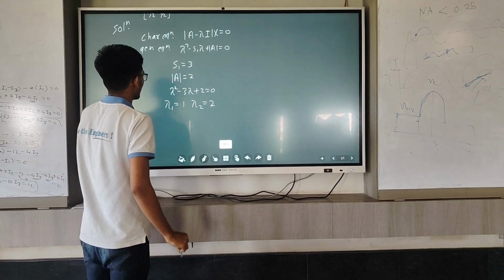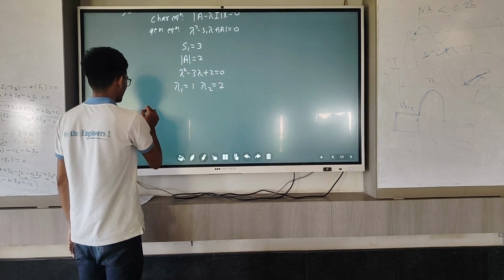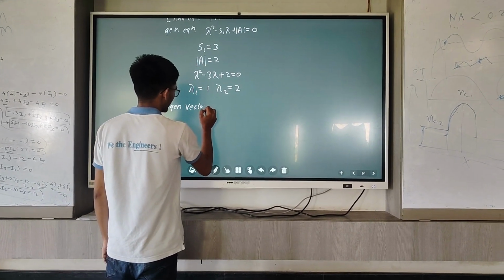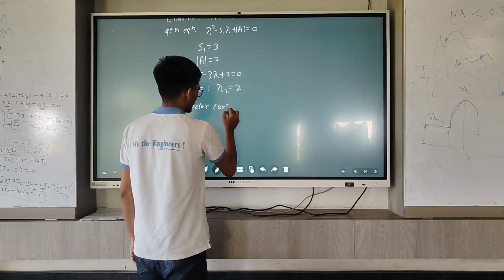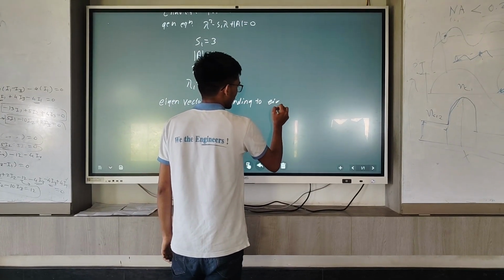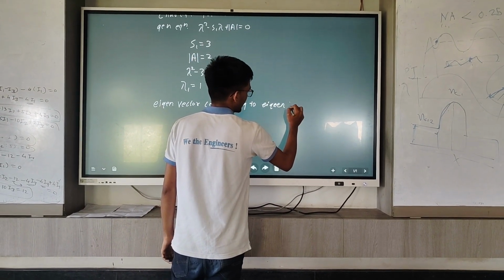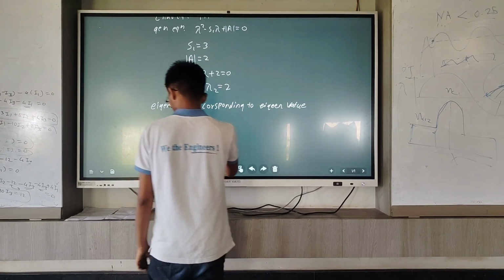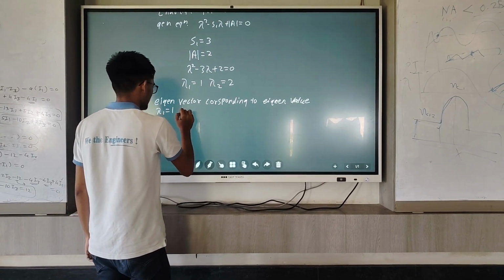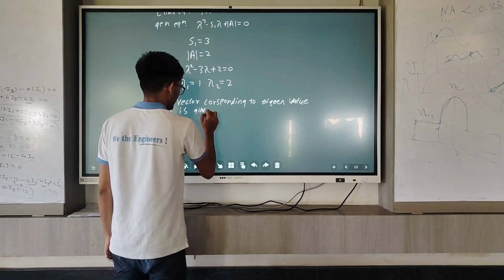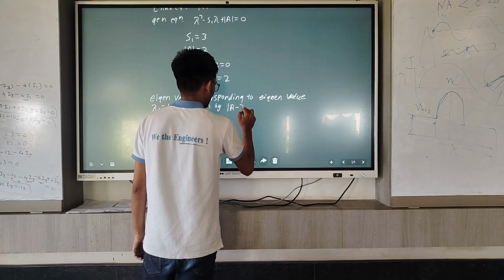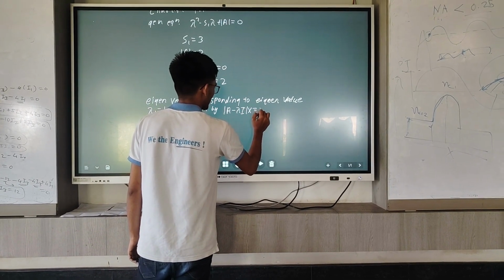So for finding eigenvectors corresponding to eigenvalue, eigenvectors corresponding to eigenvalue lambda 1 is given by A minus lambda I into x is equal to 0.